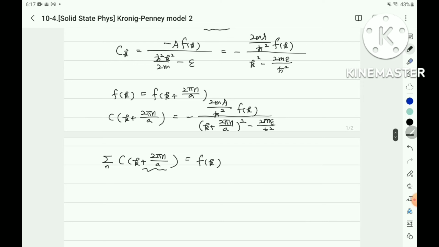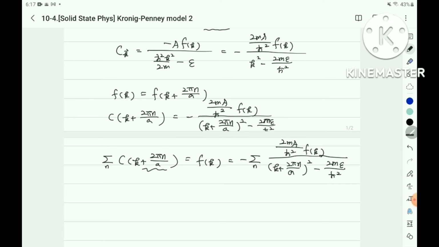And it is minus the summation over n of 2mA/ħ² f_k over (k+2πn/a)² − 2mε/ħ². Then f_k cancels on both sides because f_k is not related to n.